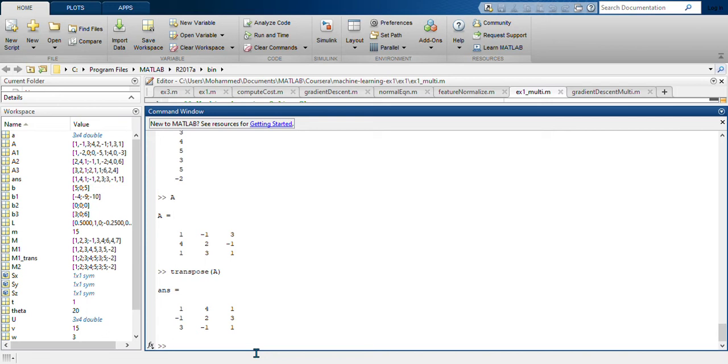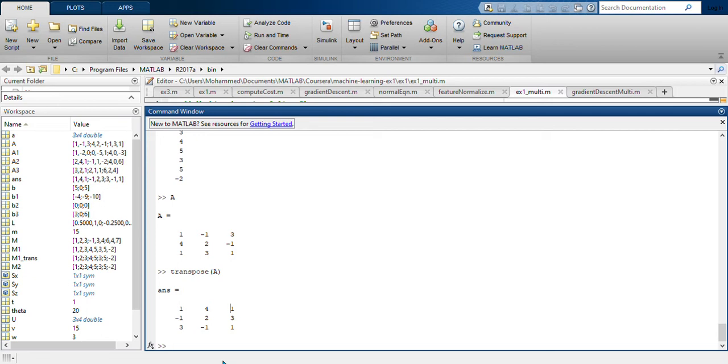That is what a transpose is. 1 minus 1 3, the first row, became the first column here. 1 minus 1 3, 4 2 2 minus 1, so that becomes the second column here. 4 2 minus 1, the third row becomes the third column. So the rows and columns have been interchanged.